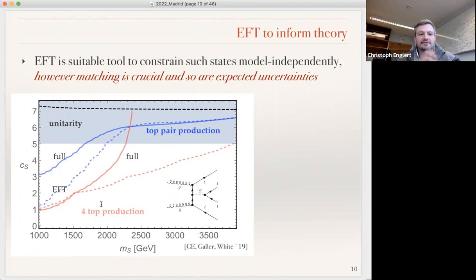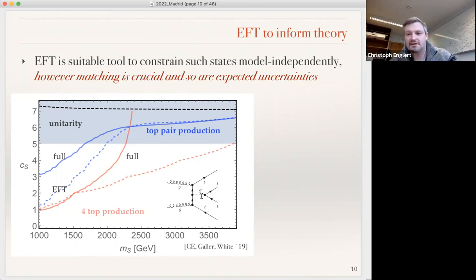So if you look at what happens now, if you look at t-tbar extrapolations, and maybe also include four-top final states here, which are sensitive to such a nested four-top interaction when we integrate out that additional scalar, we can ask the question, looking at uncertainties that we expect there, where do we end up with limits from the effective field theory onto the ultraviolet model that is consistent with the generic assumptions of EFT, namely that this S is sufficiently heavy, that it's not seen as an isolated resonance.